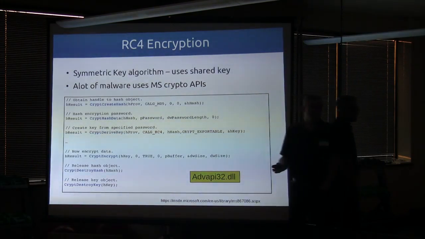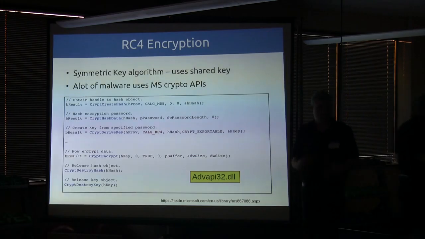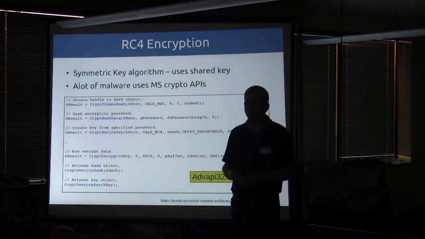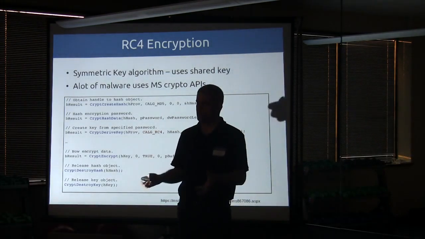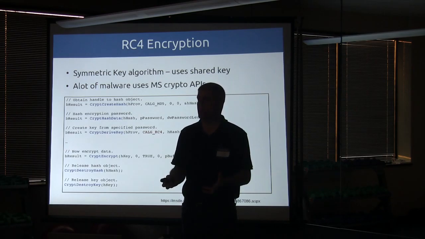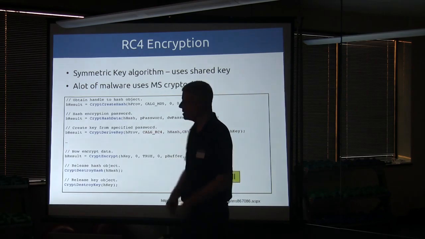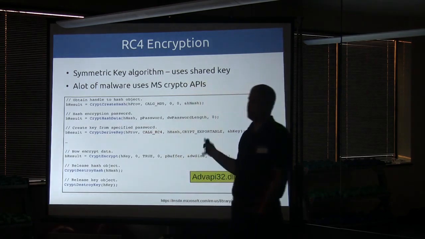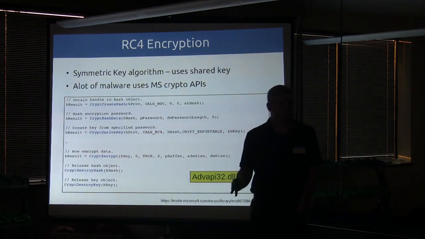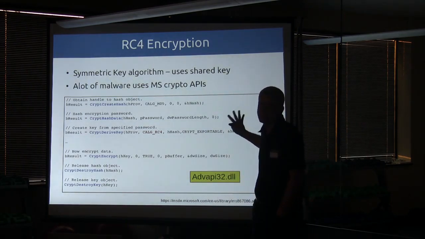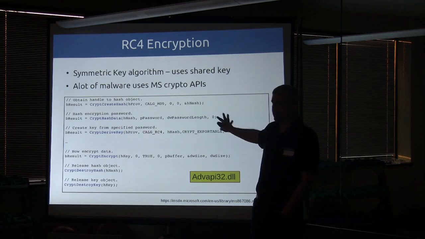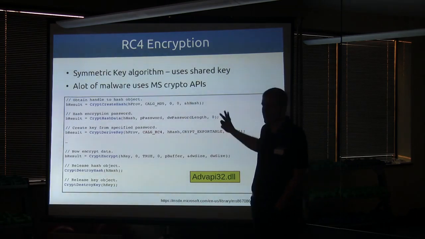So Microsoft APIs, their DLLs, have built-in APIs in the operating system to do RC4 encryption. In fact, this is how you do it. This is from the MSDN page. And 75% of the time, this is exactly what it looks like in the malware, like they went to the MSDN page and copied and pasted.